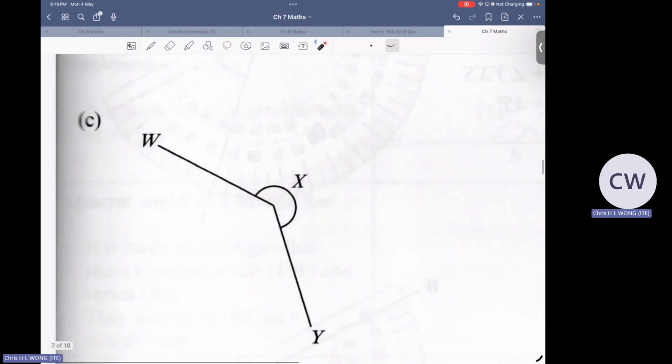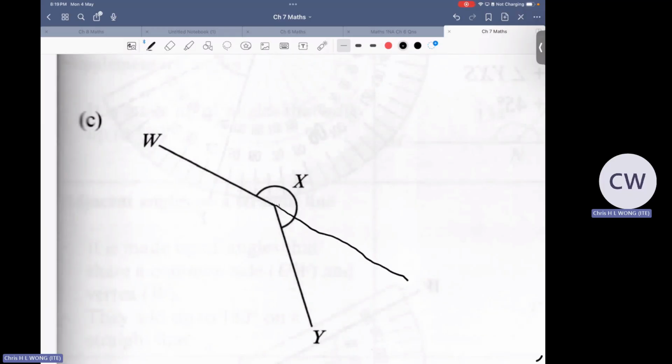But when it's a reflex angle, how do you measure? Your protractor is only half, isn't it? But when it is like that, you can draw a straight line. Doesn't mean you cannot. You know that from here to here is 180, am I right? All you need to do is measure here.